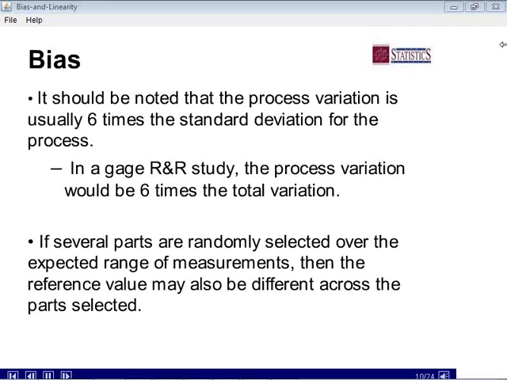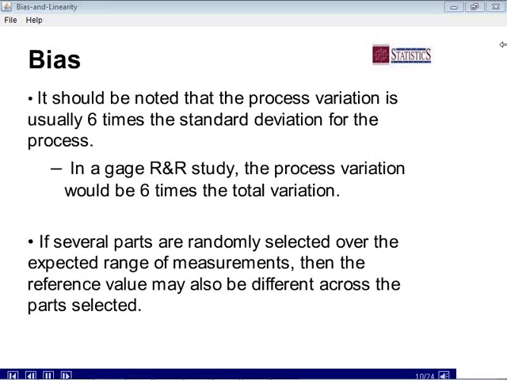Now, leading into linearity, if several parts are randomly selected over the expected range of the measurements, then the reference value that we have may actually be different across the parts selected. In our illustration, we're talking about a single part whose reference value or master value is known, and 10 measurements are taken off of that part by an operator.